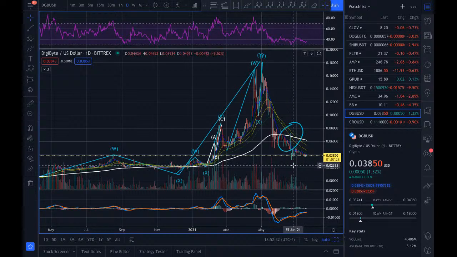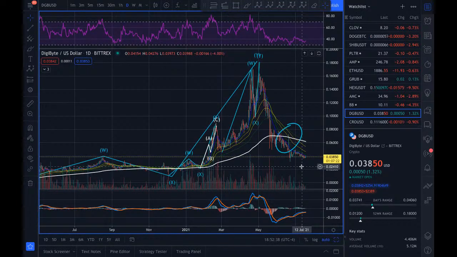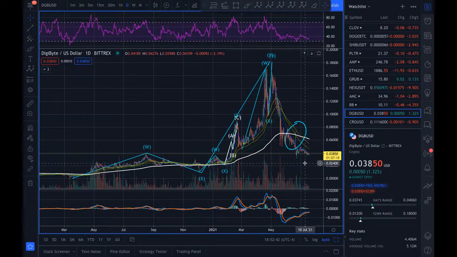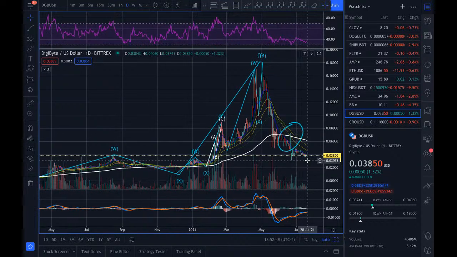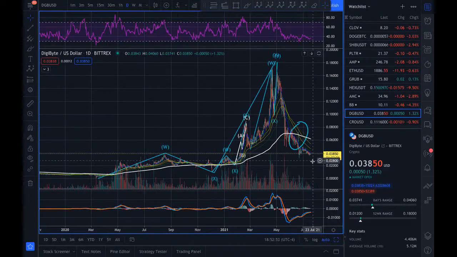But just my personal opinion, if I was in the middle of a trade, depending on where you got in, this doesn't look like a good time to sell. It looks like a time to buy, not the best, but it's closer to a buy signal than a sell signal. Let me just put it that way.